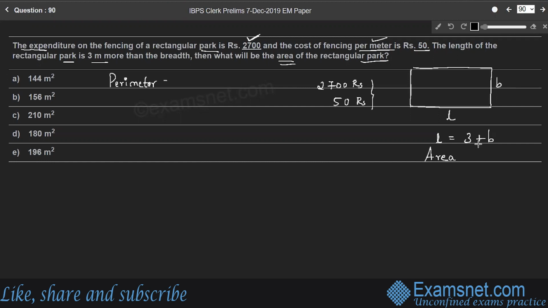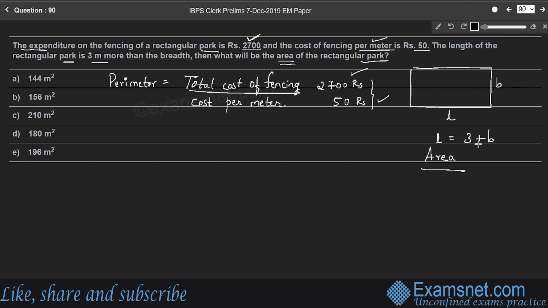So based on total fencing cost and fencing cost per meter, we can calculate perimeter as total cost of fencing divided by cost per meter, cost of fencing per meter, right?